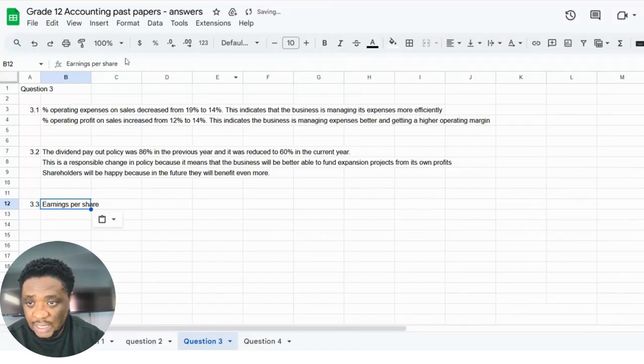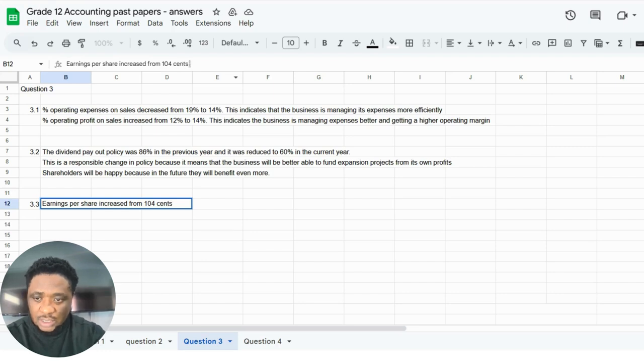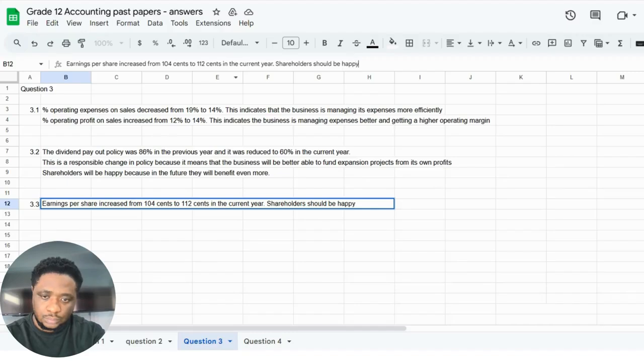You're going to say earnings per share increased from 104 cents to 112 cents in the current year. Shareholders should be happy as the business is more profitable.